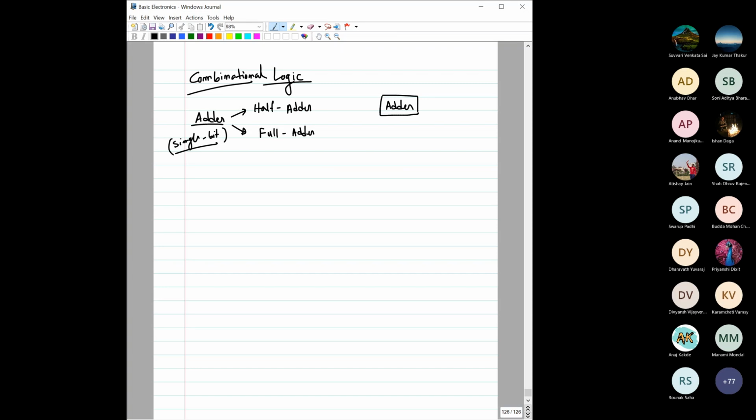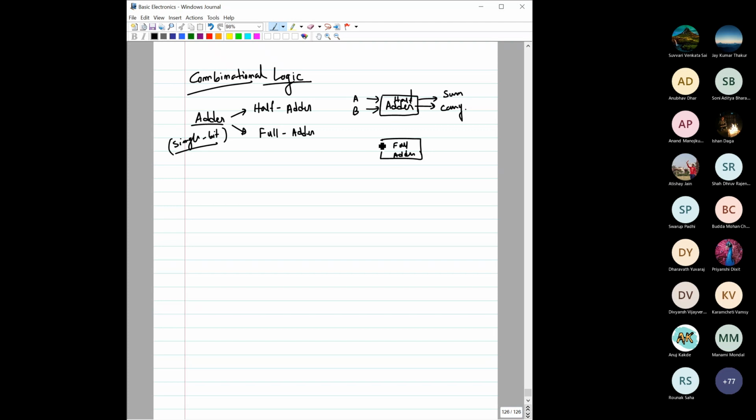Here it takes only two inputs, say A and B, and gives two outputs: one is the sum and the other is the carry. So it is taking only these two. Okay, let me first tell what the full adder is, and then it will be clear.